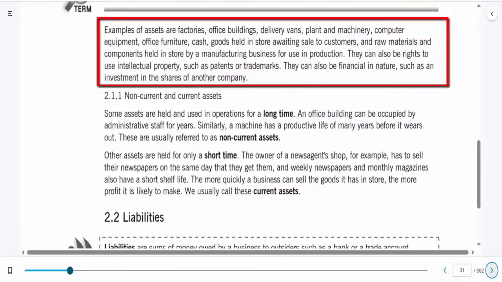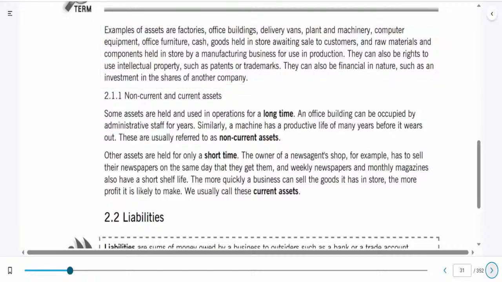Machinery and equipment, machines that help with production or operations. Computers and office furniture, basic equipment that keeps the office functioning. Cash, money available for use in the business. Goods held in store inventory, products waiting to be sold to customers. Raw materials and components. These are the materials a manufacturing business might keep to make products.